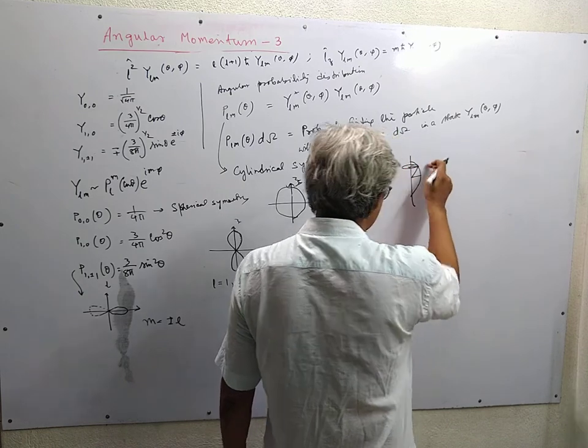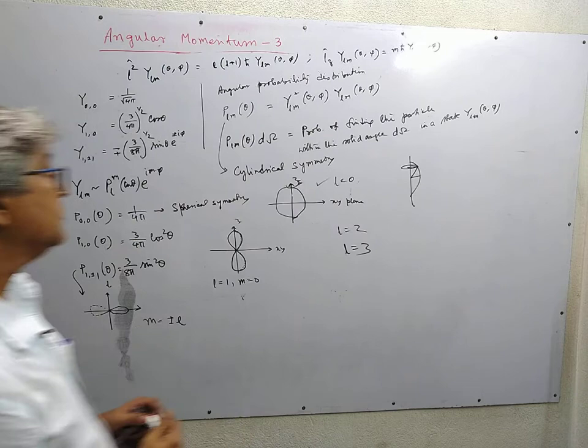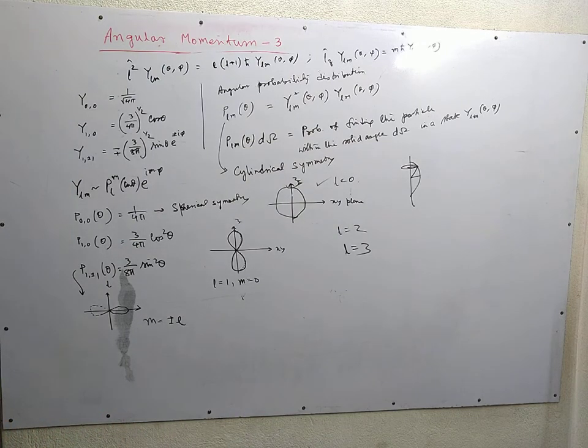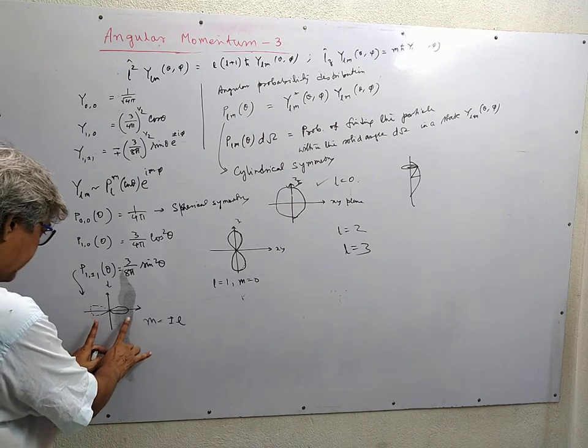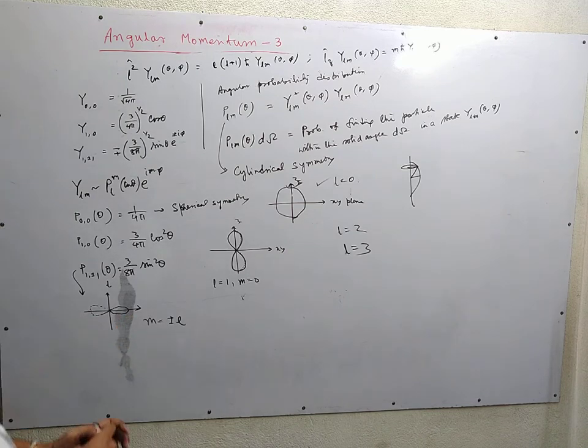So the particle moves along the z-axis or near the z-axis, and the vector direction will be nearly in the xy plane. That is what it explains. These things have been nicely explained in the book of K.S. Krane, Modern Physics.